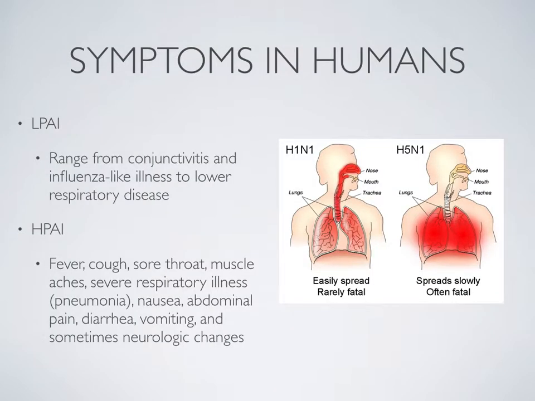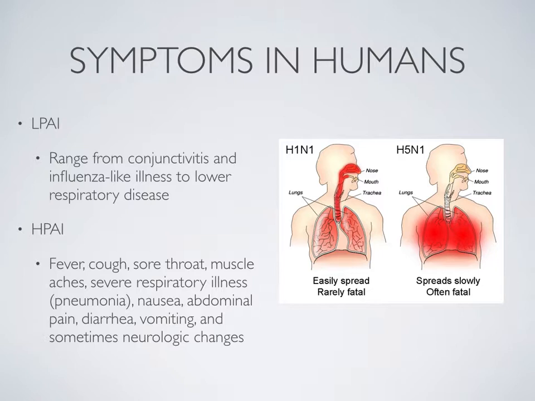The reported signs and symptoms of low pathogenic avian influenza (LPAI) have ranged from conjunctivitis to influenza-like illness, like fever, cough, sore throat, and muscle aches, to lower respiratory disease, pneumonia.